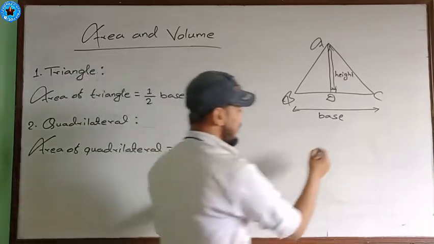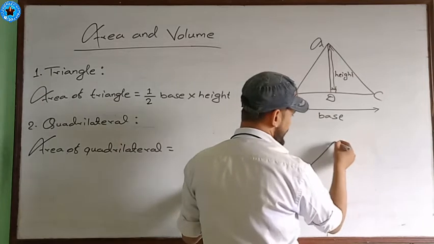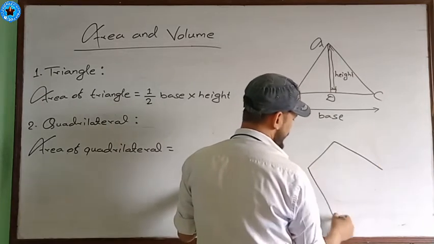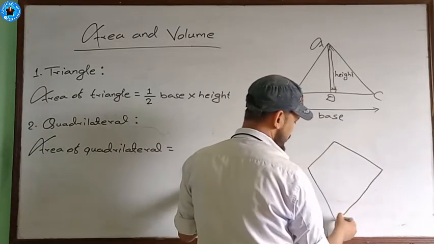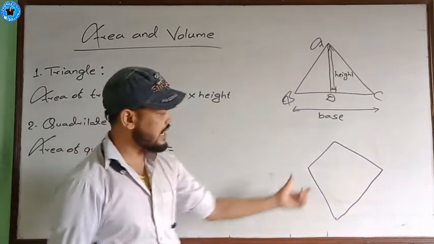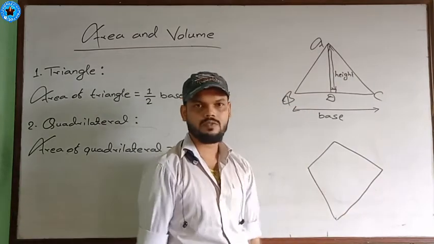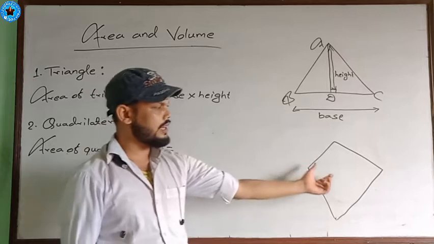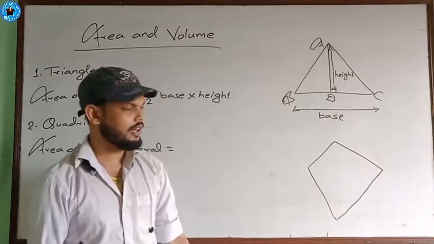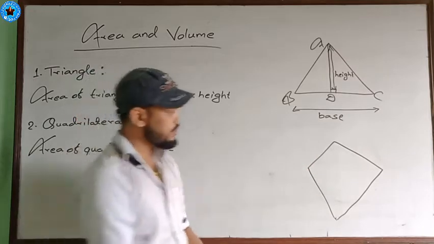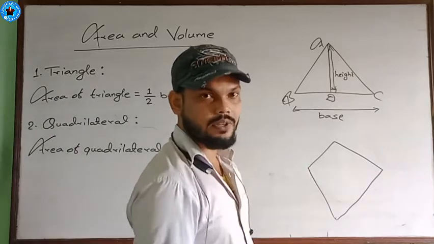A quadrilateral means a closed figure bounded by 4 line segments. Suppose I have constructed it like this. Now it has 4 line segments and it is a closed figure. What will be the area of this figure?